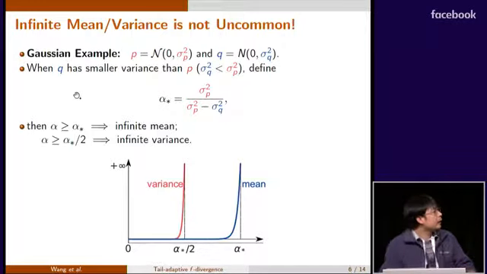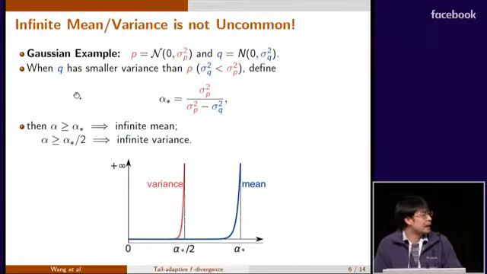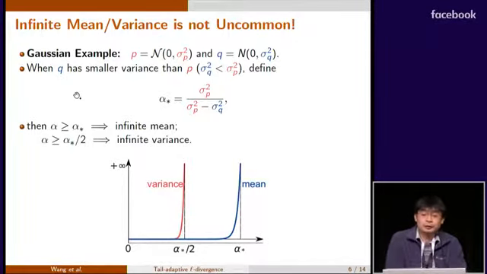You may think infinite mean and variance doesn't appear very often in practice, but that's not true in this case. Here we have a very simple example. If Q and P are Gaussian distributions, and the variance of Q is smaller than P, then you can find a threshold alpha star such that if alpha is larger than alpha star, you will have infinite mean. That means alpha divergence is not defined in that case.